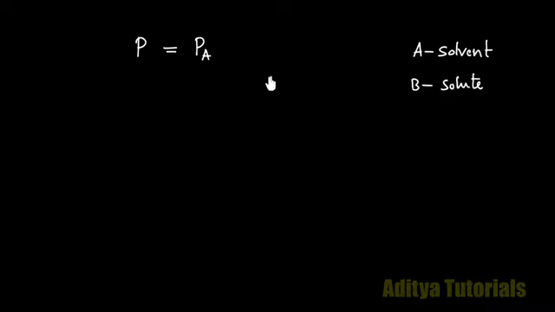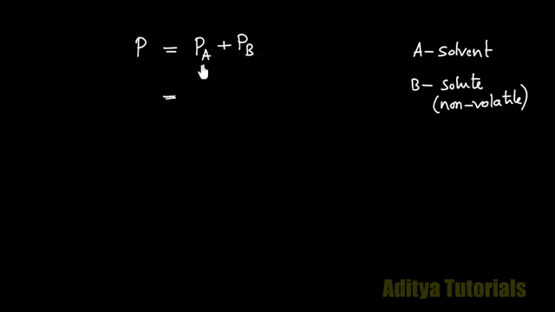B is solute plus vapor, that is partial pressure of B. The total pressure of solution which contains a non-volatile solute, I am going to mention here, non-volatile solute it is. The total pressure of solution is equal to partial pressure of solvent plus partial pressure of solute.